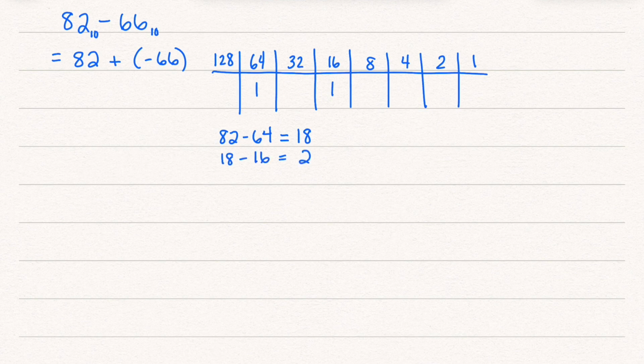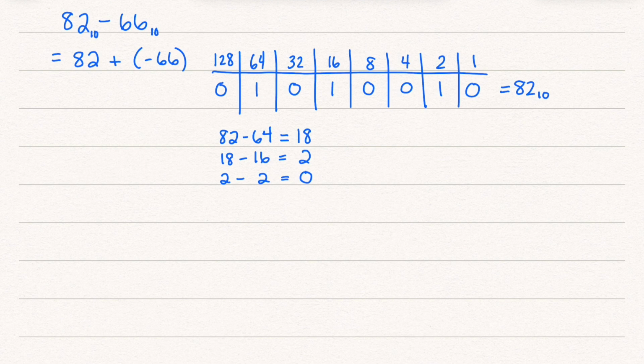So I can place a 1 in the 2's column. And I've used up all of my numbers, so I'm going to fill up the rest of the spots with zeros. And we can double check this by adding up the columns. So if I do 2 plus 16 plus 64, I'll get back to my 82. So that is 82 in binary.